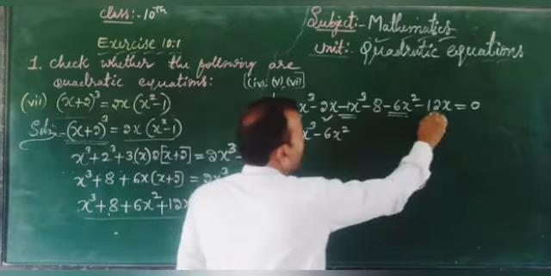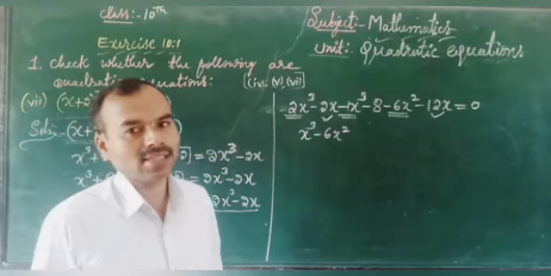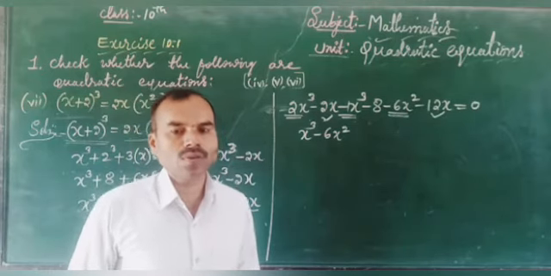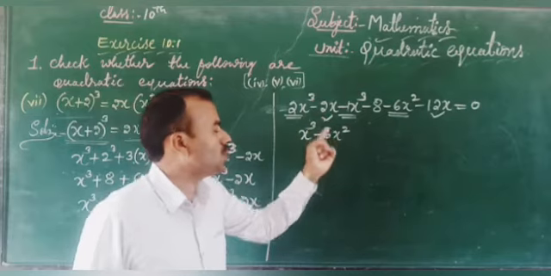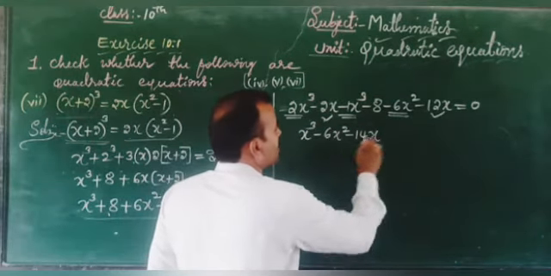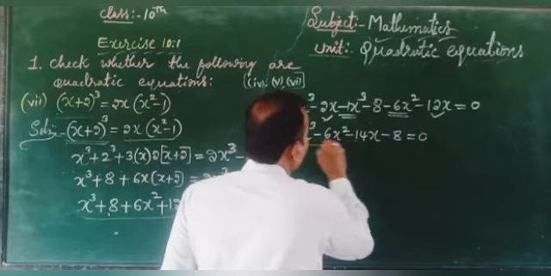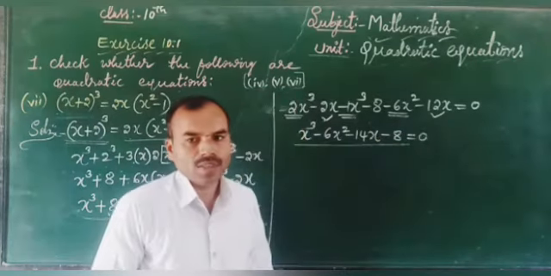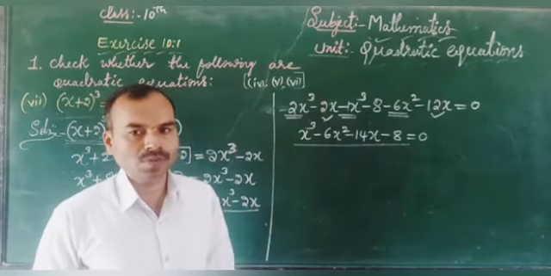Minus 2x and minus 12x, like sign terms, we have to add those two, minus 14x, minus 8 equals 0. Just observe the equation, it is not of the form ax square plus bx plus c equals 0.